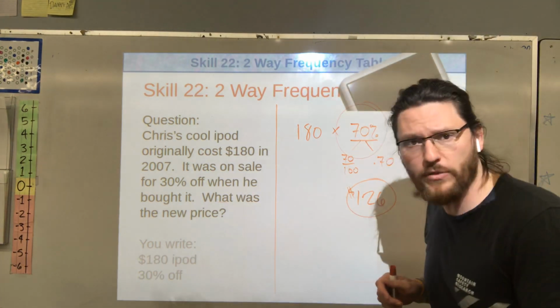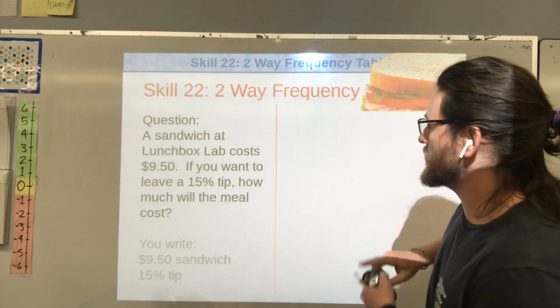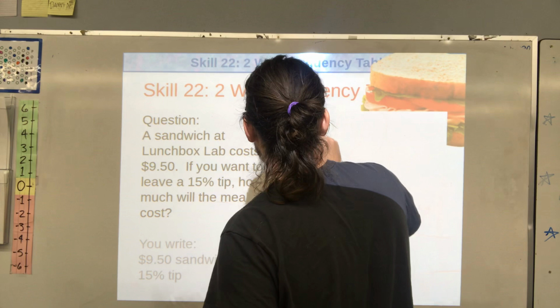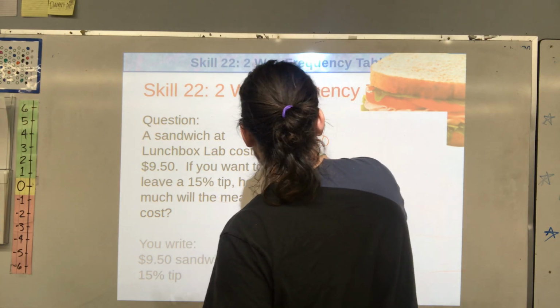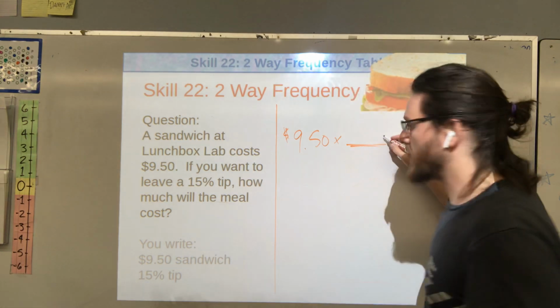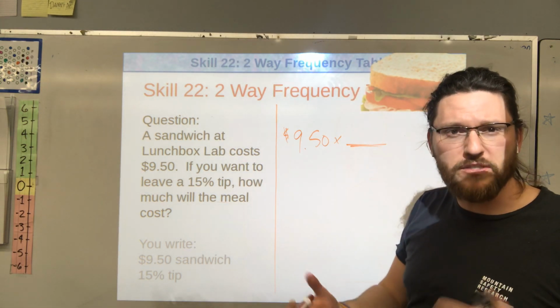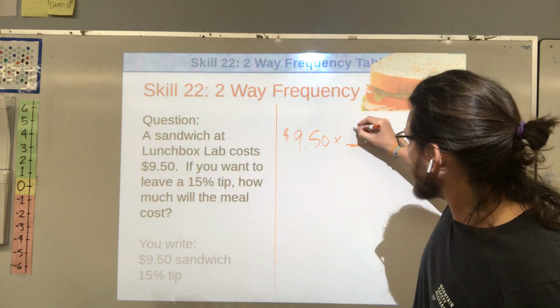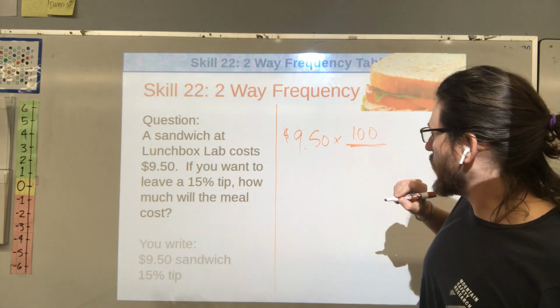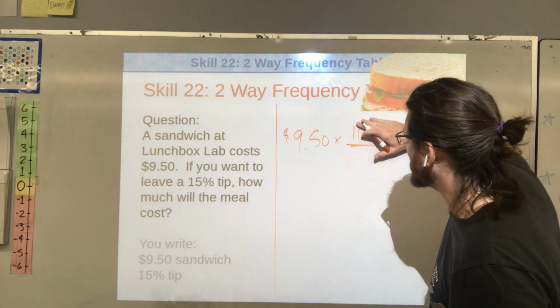And just a quick recap, I want to go back to this last problem. Instead of multiplying, this one started with 9.50. If we wanted to do this the fast way, right? What do I multiply by here to get that answer instead of doing 15% and adding it on, right? We start with 100%, that's paying for the whole sandwich, and then the extra we have to pay for the tip is 15%.